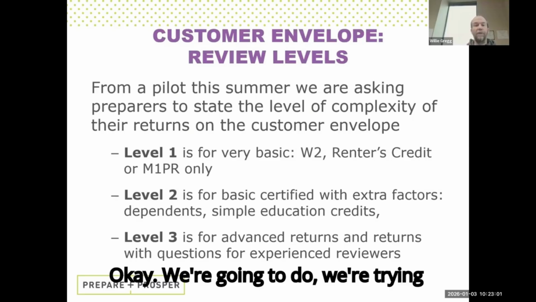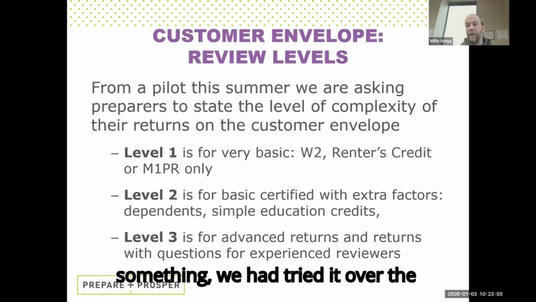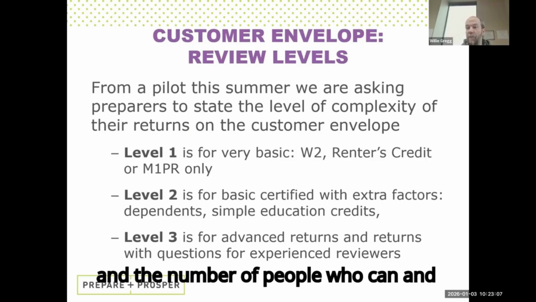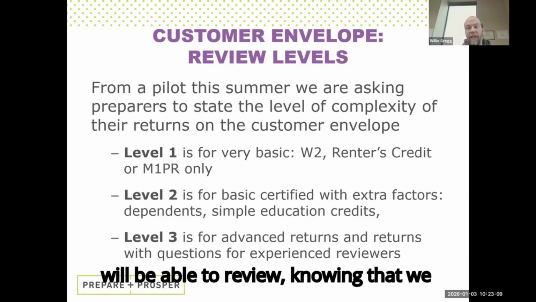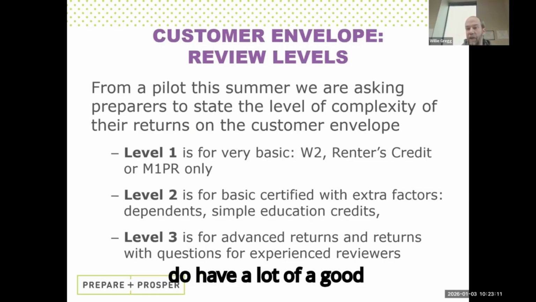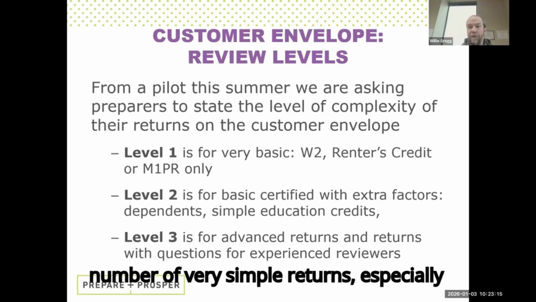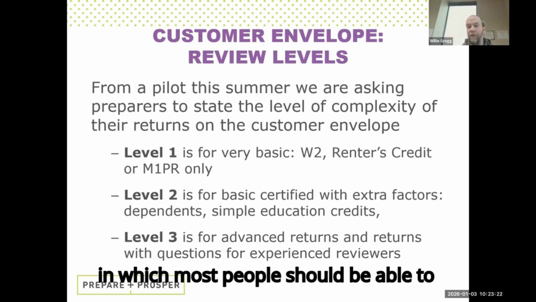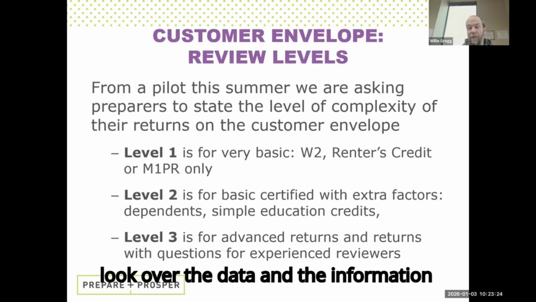Okay, we're trying something. We had tried it over the summer to expand the number of people who can and will be able to review, knowing that we do have a good number of very simple returns, especially renters credit only returns, in which most people should be able to look over the data and the information pretty quickly.